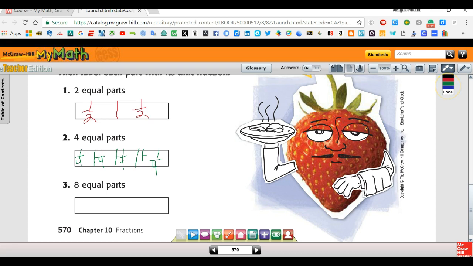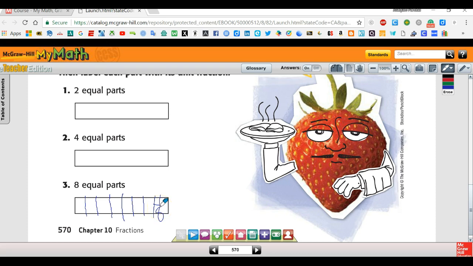And I need to make 8 equal parts. I'm going to use 7 lines. 1, 2, 3, 4, 5, 6, 7. Well, let's do that one again. 1, 2, 3, 4, 5, 6, 7, roughly. And then each one of those is going to be 1/8.